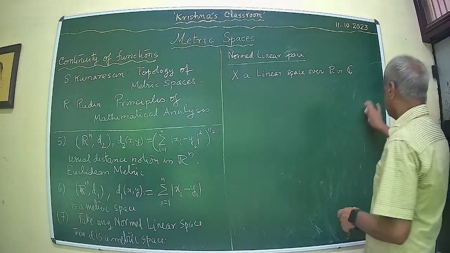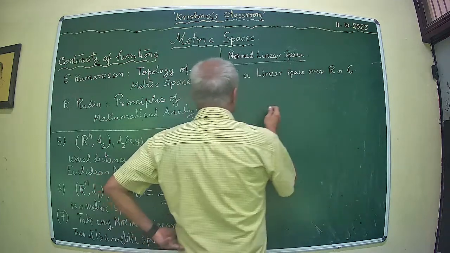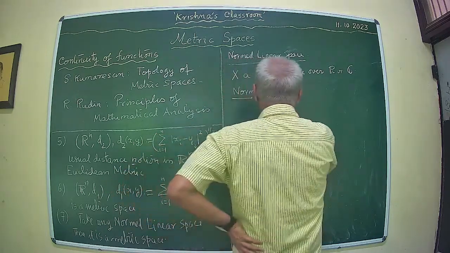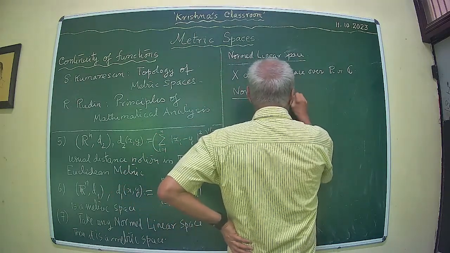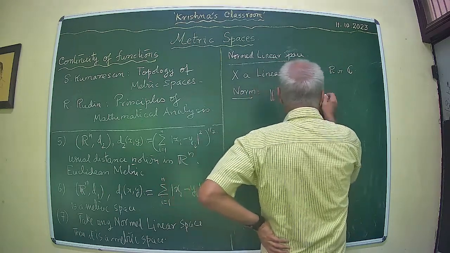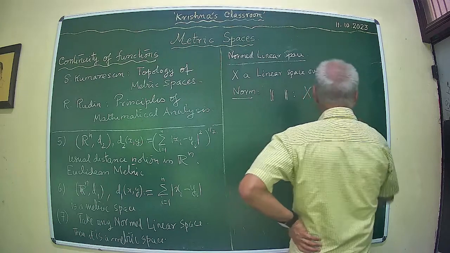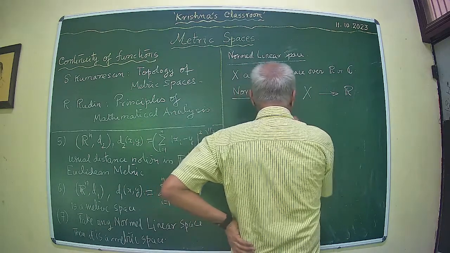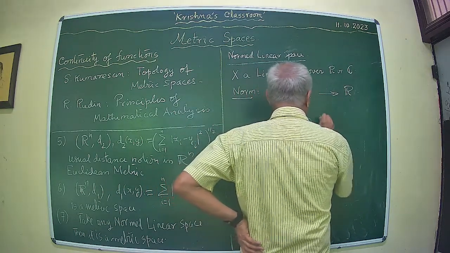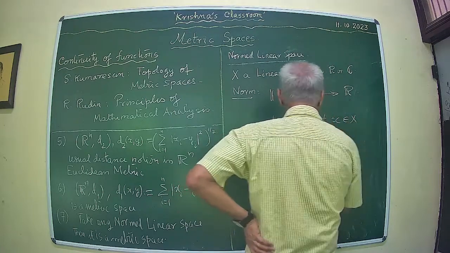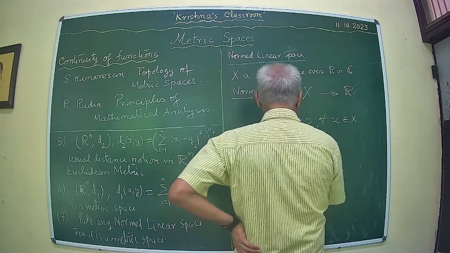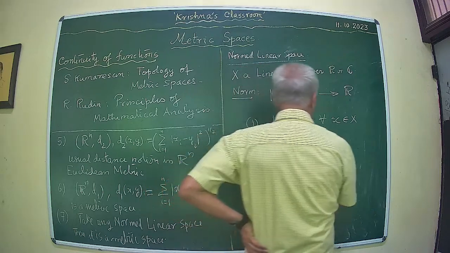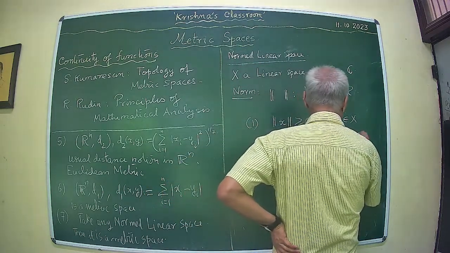Now let me define what the norm is. Norm is a function. We denote this by this. It is a map from X to R such that norm of X is greater than or equal to 0, and norm of X equal to 0 if and only if X equal to 0.